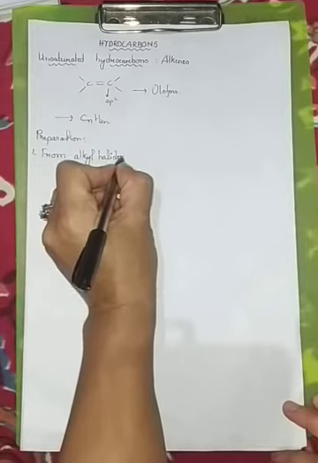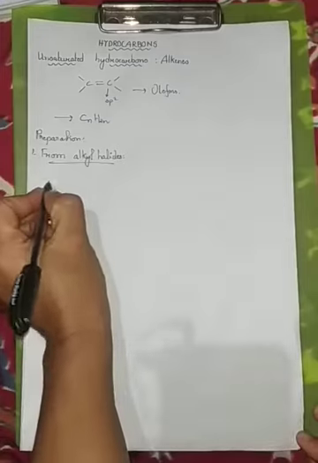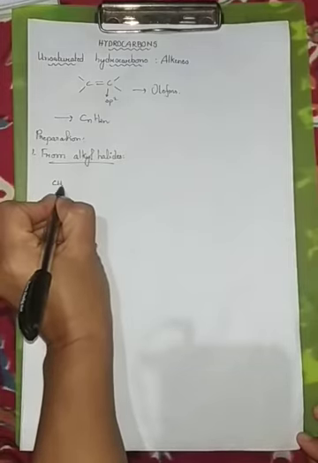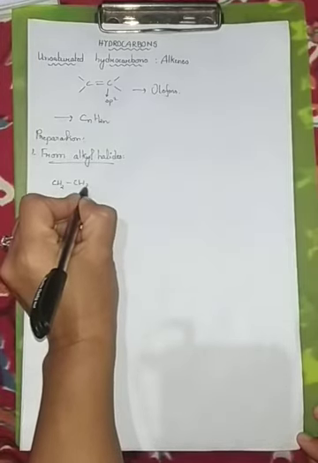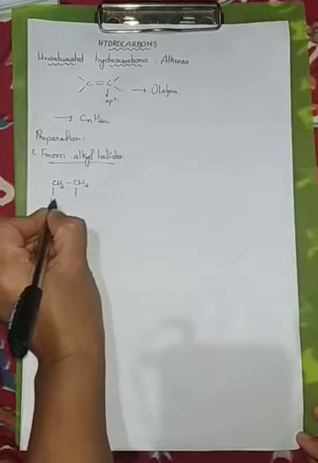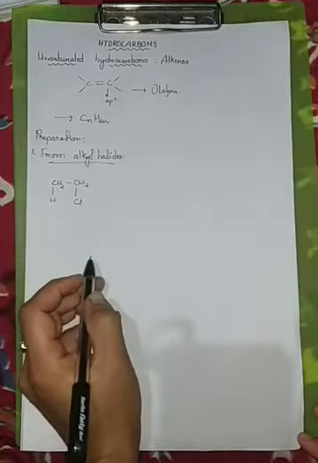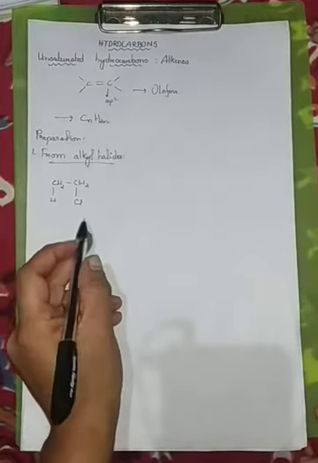The method of preparation from alkyl halides is also known as dehydrohalogenation or beta elimination reaction. In this reaction, the alkyl halides on heating, let's take an example here: CH3CH2Cl, this is ethyl chloride.